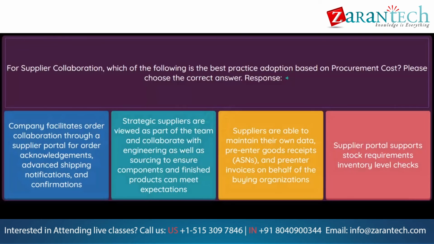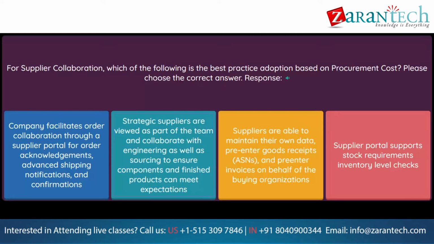Question: For supplier collaboration, which of the following is the best practice adoption based on procurement cost? Please choose the correct answer. Response: Option 1. Company facilitates order collaboration through a supplier portal for order acknowledgements, advanced shipping notifications, and confirmations. Option 2.